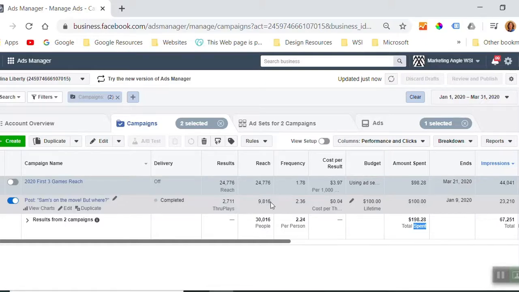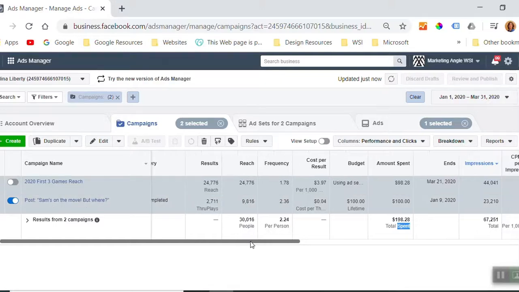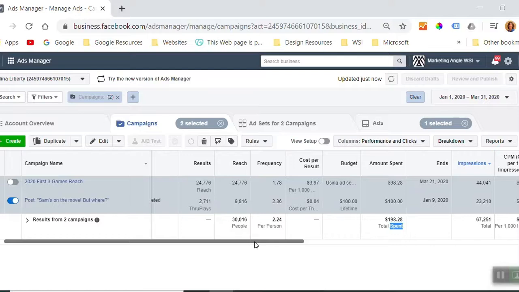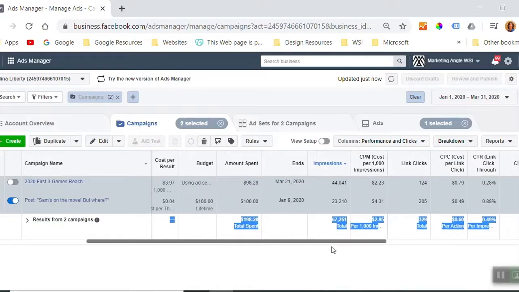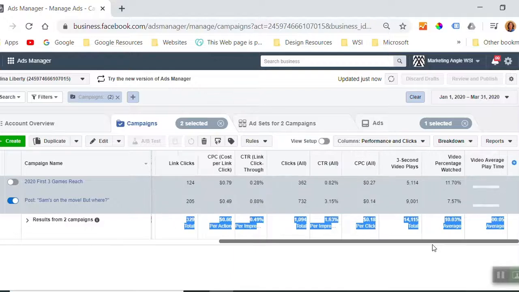And I hate to tell you this, but a lot of times boosts just went to a lot of my page likes or page followers anyway. It's kind of tough sometimes, but that is where they tend to show it the most. I can see that these were both videos, so I can see how many through plays on this one, some of the different stats that you can get out of the system.